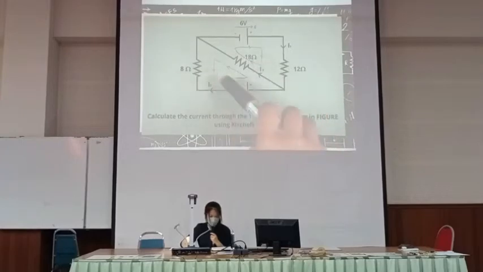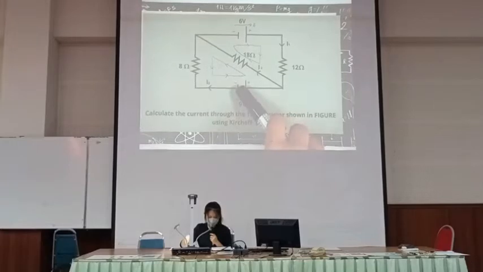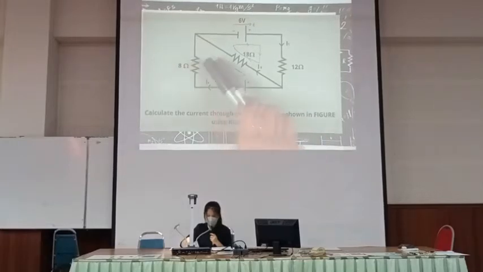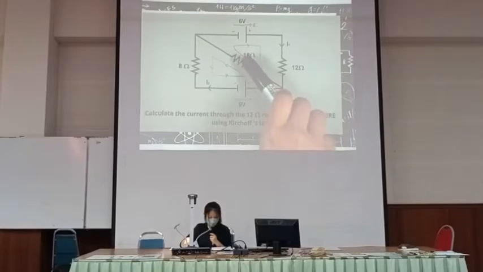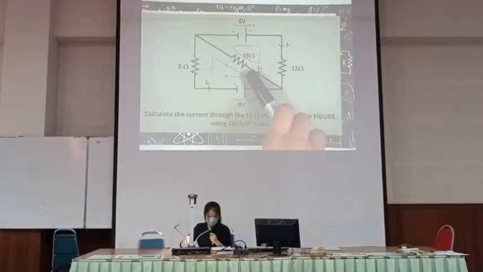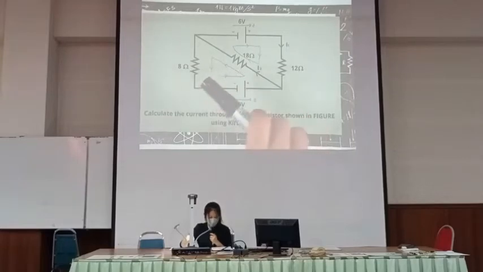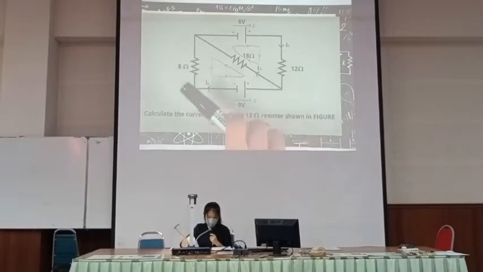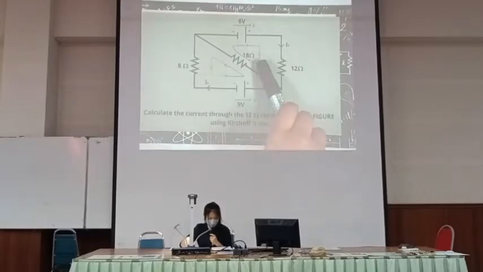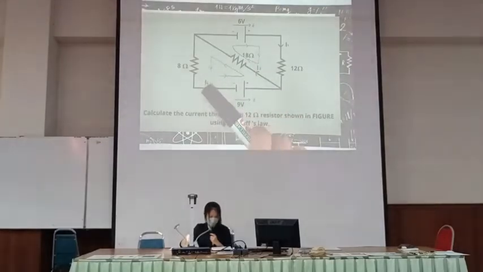And the bottom one, there is one loop consists of one battery and two resistors. Take note here, the 18 ohm resistor at the middle one actually is involving in both loops. Means when we use the KHONG second rule to calculate the current in loop 1 and loop 2, the 18 ohm must be considered in both calculations.